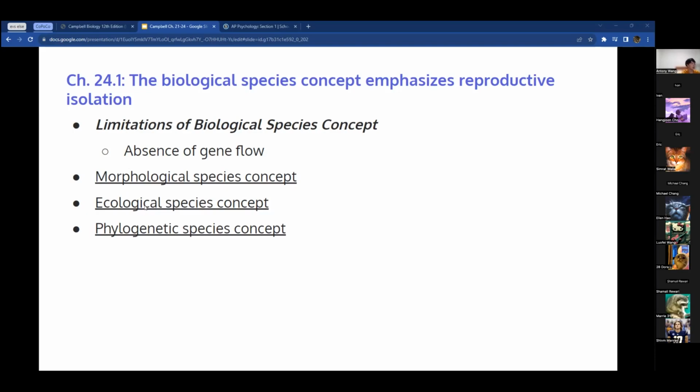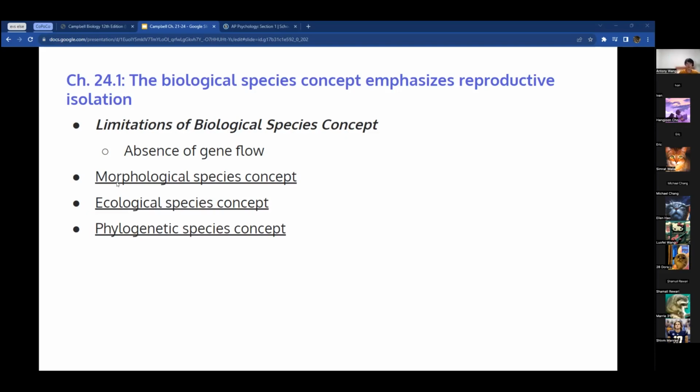And here are the other examples of species concepts. The morphological species concept defines a species by its morphology, basically how it looks. What is its body plan?